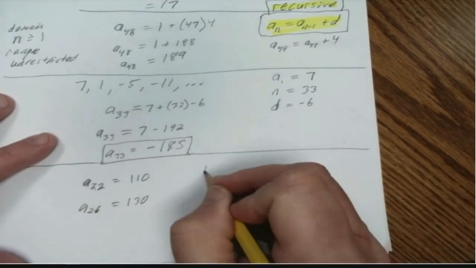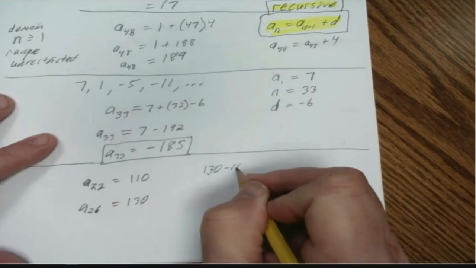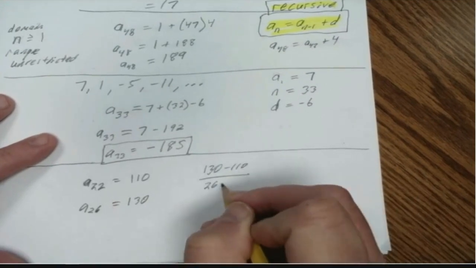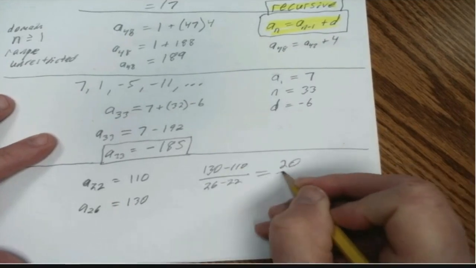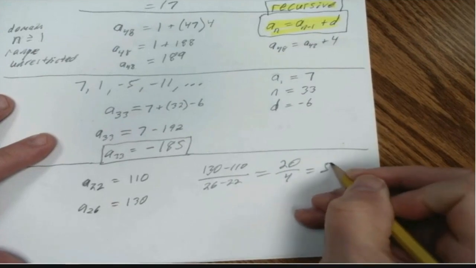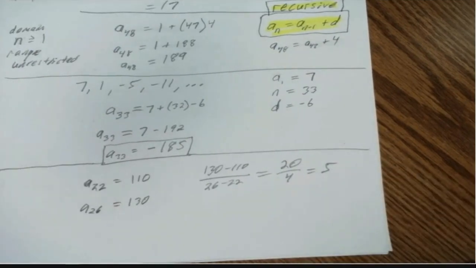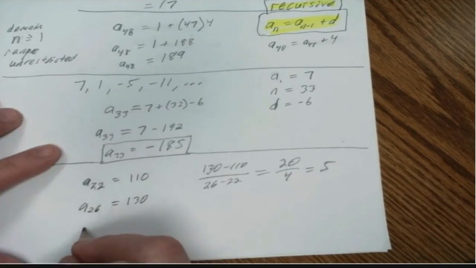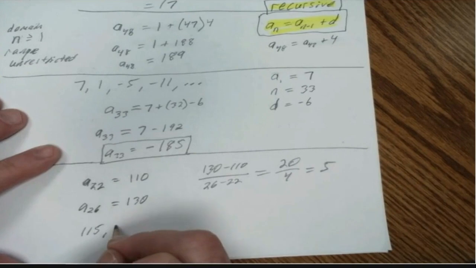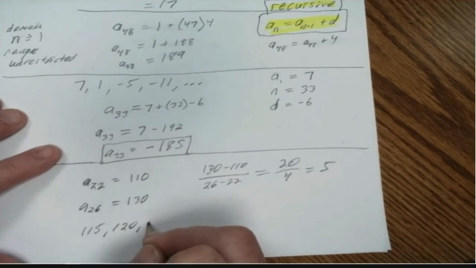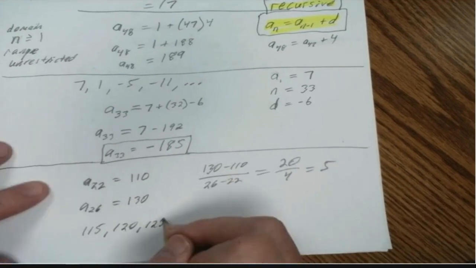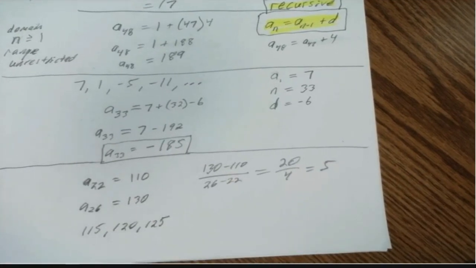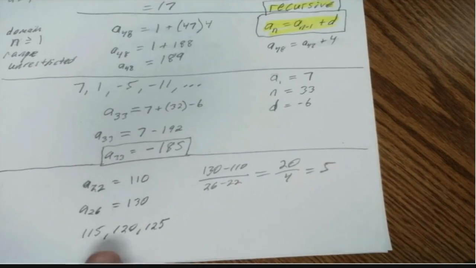So if we know 130 minus 110 is 20, and 26 minus 22 is 4, it's going up 5 each time. So A23 would be 115, A24 would be 120, A25 would be 125, and then A26 would be 130. Oh, okay. That makes sense? Yeah.